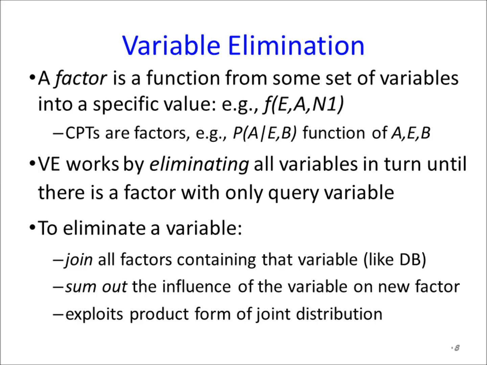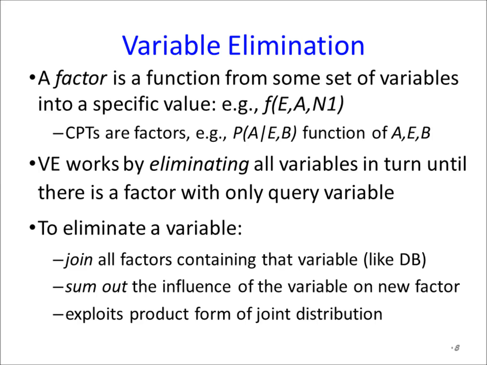Variable elimination, as its name suggests, eliminates variables one at a time, and keeps computing factors until we are left with only the query variable, and now we have got our answer. And how do we eliminate variables? Very simple. We collect all the factors that refer to that variable. Suppose I want to eliminate A. I look at this factor, this has A in it, yes, I will take that.